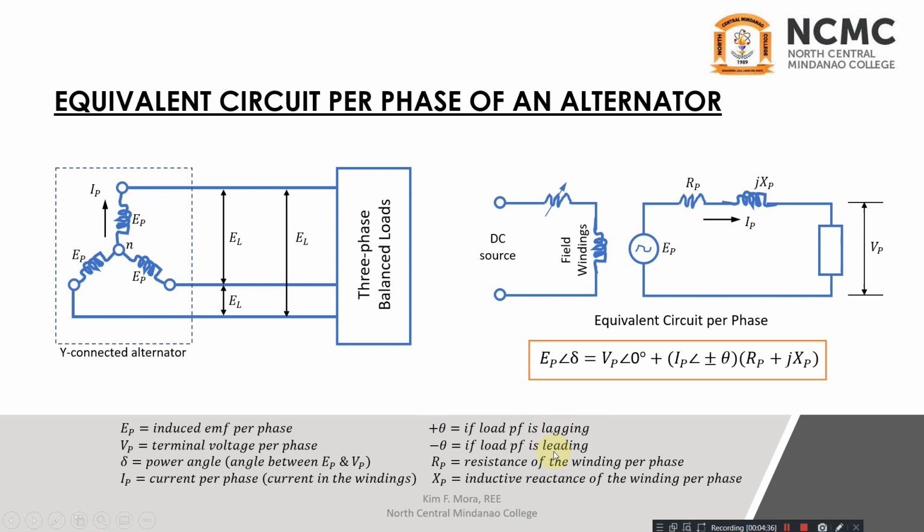And if our power factor is leading, then it is negative theta. Then RP, again, that is the resistance of the winding per phase. Then atong XP, that is the inductive reactance of the winding per phase. So unsa ganin ni siya? Familiar, R plus JX, that is actually our impedance, or that is equal to ZP, no? Atong impedance that is denoted as ZP.